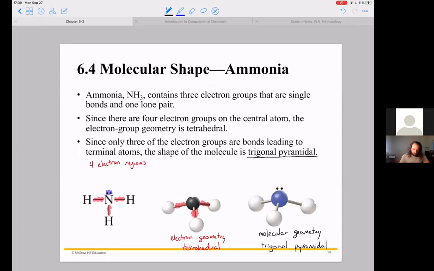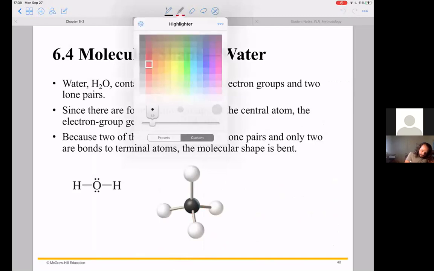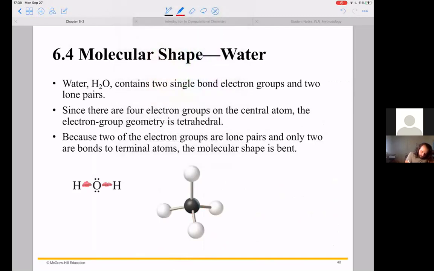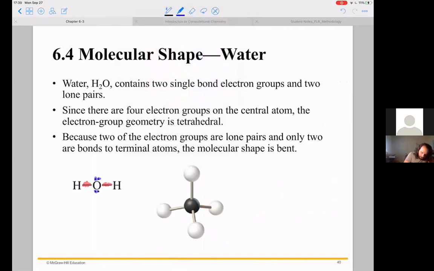Okay. What about water? So water has 1, 2, 3, 4 electron regions. So that means an electron geometry of tetrahedral.